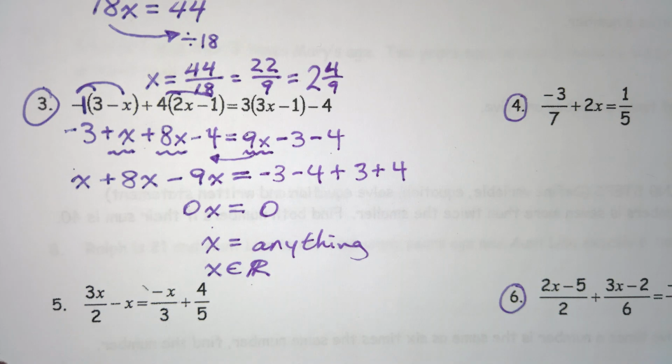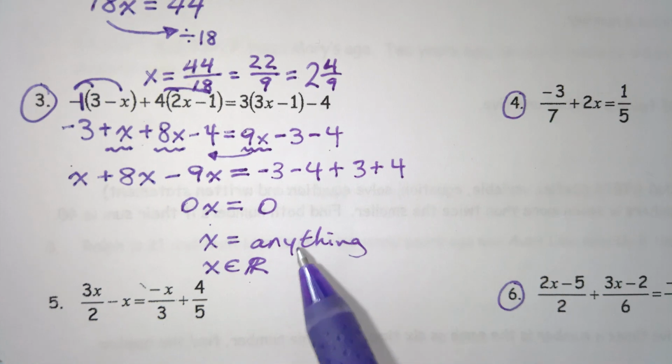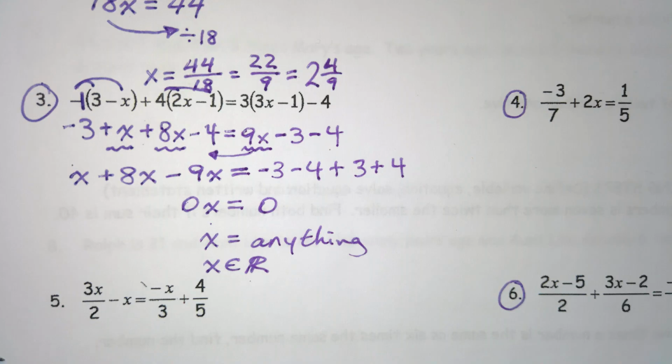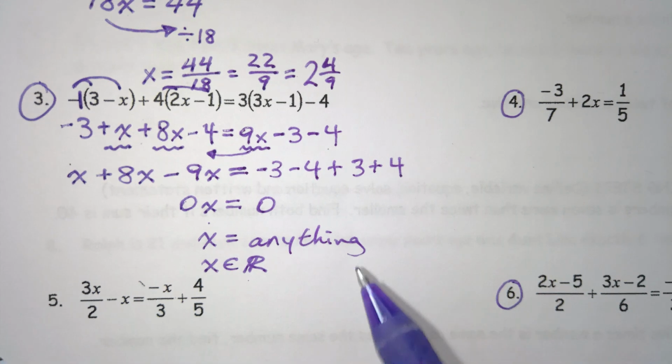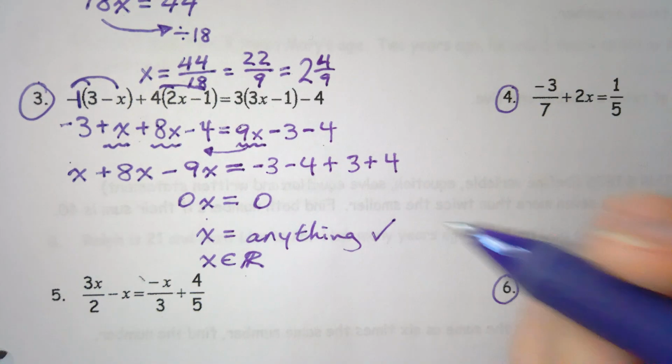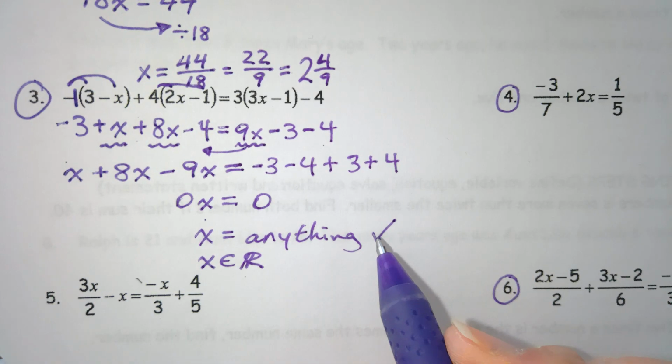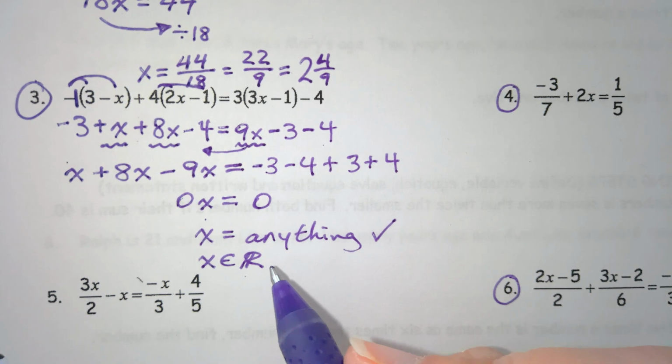Technically, you learned about some of this notation in grade 9. No, later on. You can write x equals anything. For now, you can just write this. Later on in the course, we will get to this.